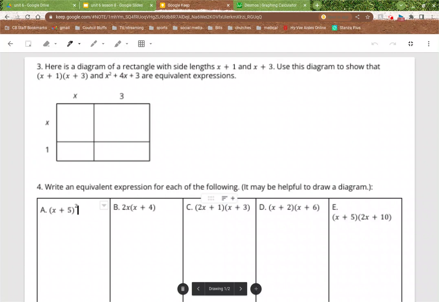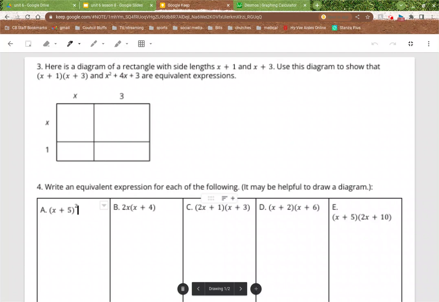Use this diagram to show that x plus 1 times x plus 3 and x squared plus 4x plus 3 are equivalent expressions. So notice in this case, they were multiplying a binomial, 2 terms, times a binomial, 2 terms. So they created a box or a rectangle with 2 rows and 2 columns.